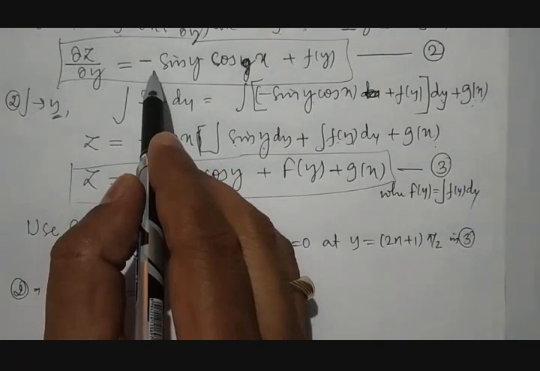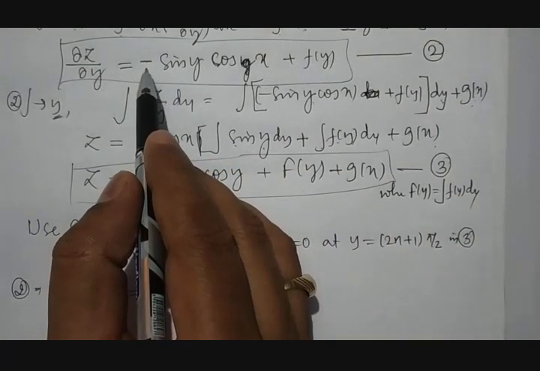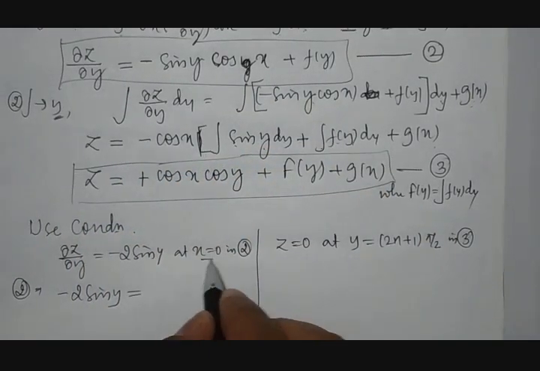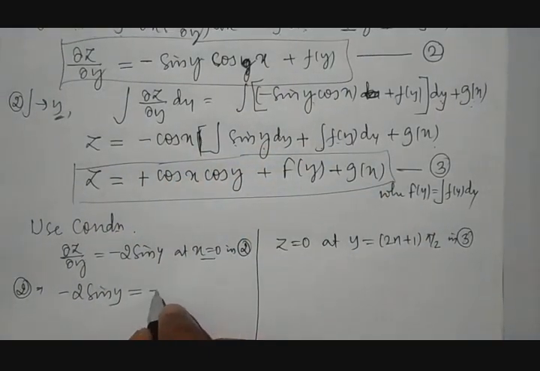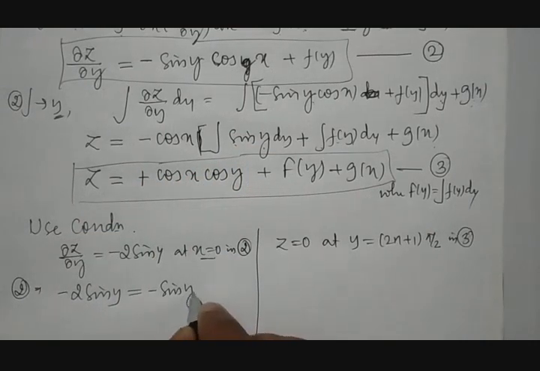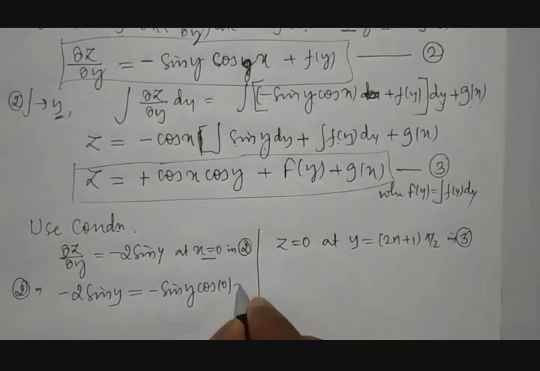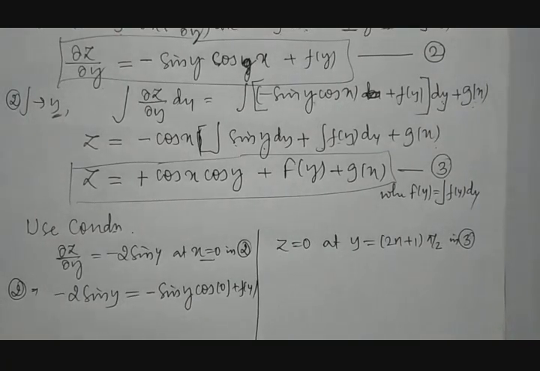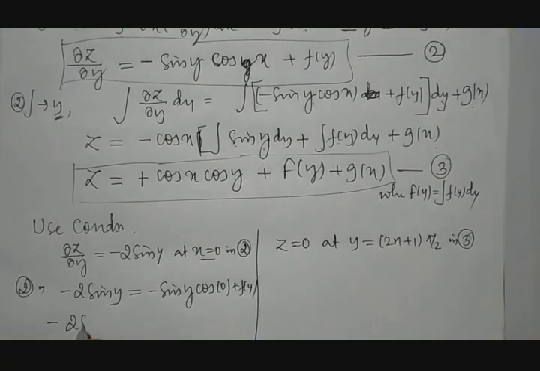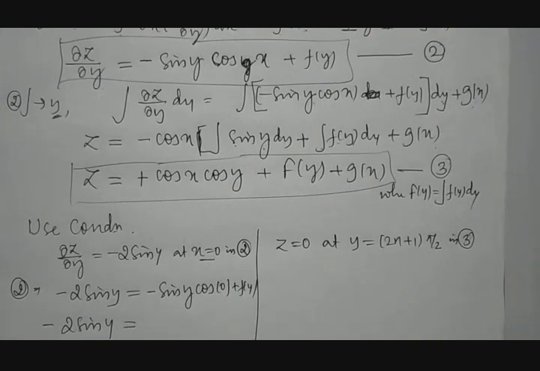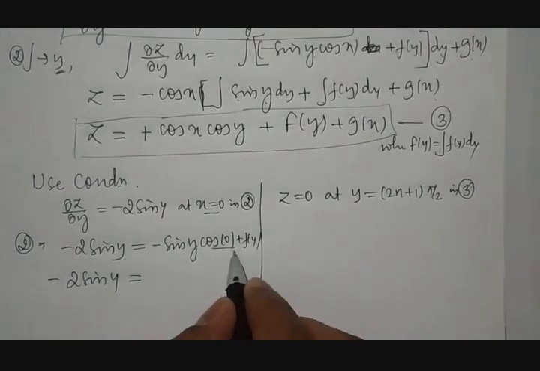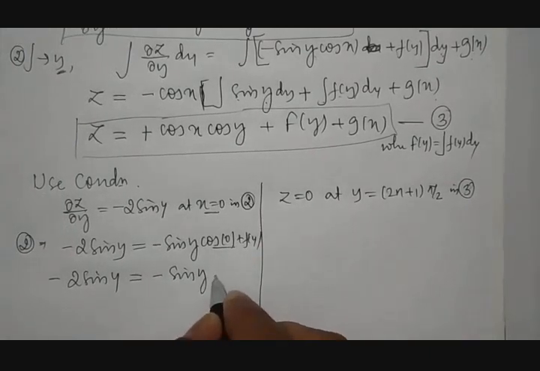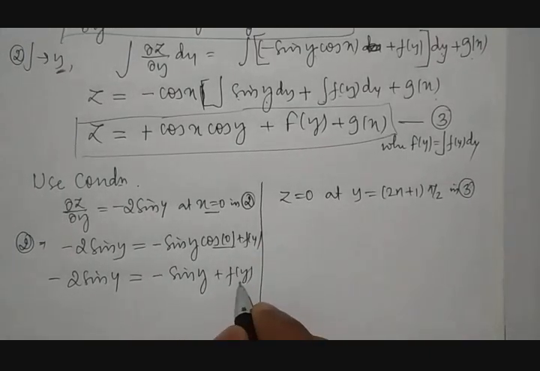So it is minus 2 sine y, which is equal to, you can see here what remains in the RHS, minus sine y into cos x, but we are going to put x is equal to 0. So it becomes minus sine y into cos 0 plus f of y. Therefore, minus 2 into sine y is equal to, we know that cos 0 is nothing but 1, therefore minus sine y plus f of y.